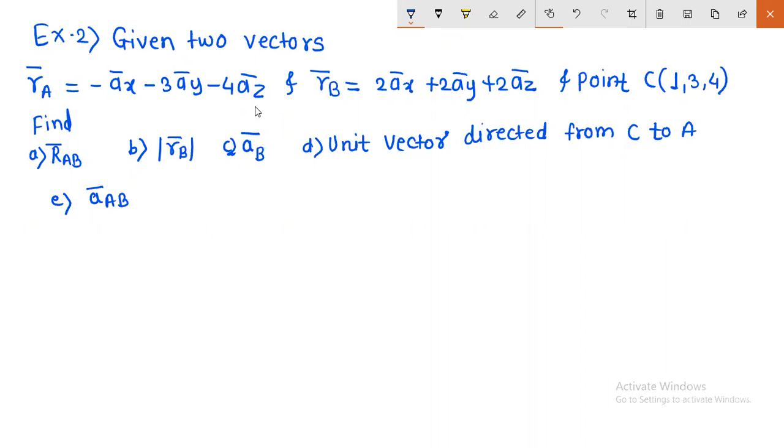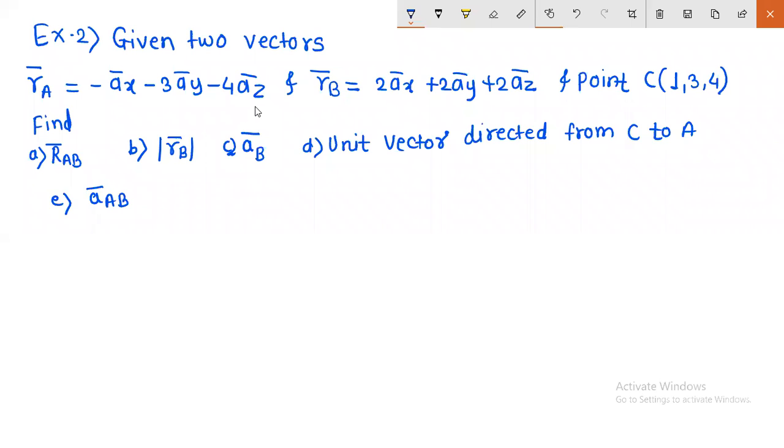Then unit vector a bar B. What is the definition or formula of unit vector? How to find unit vector? That vector divided by its magnitude. Correct. So which vector should you consider here? Not C, because what is ours?